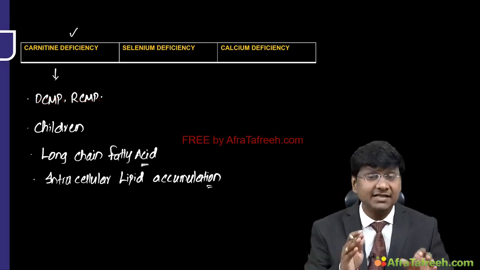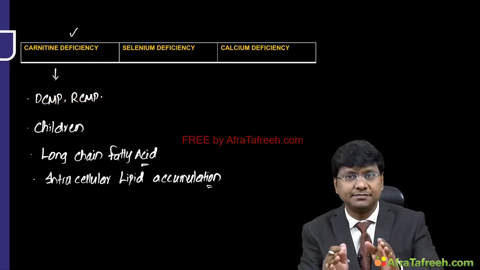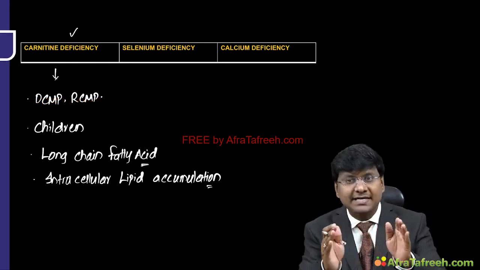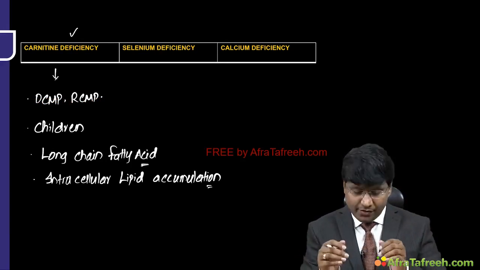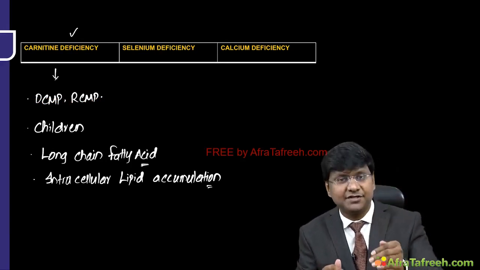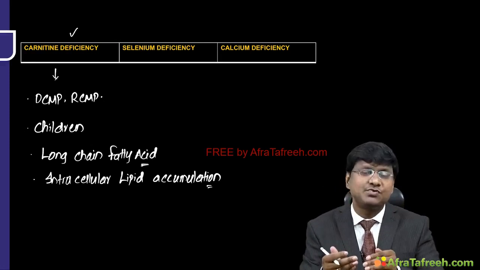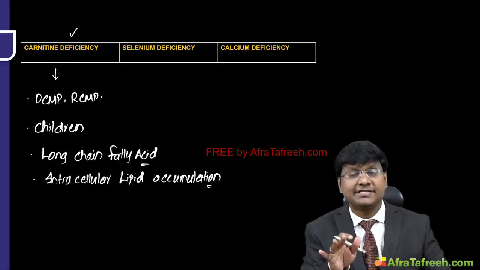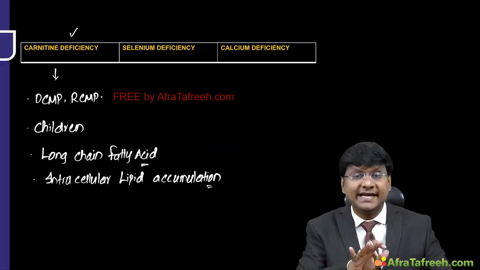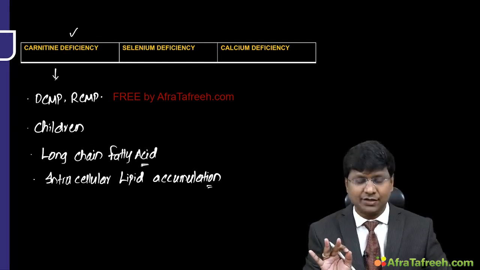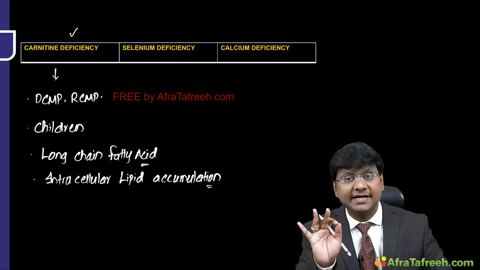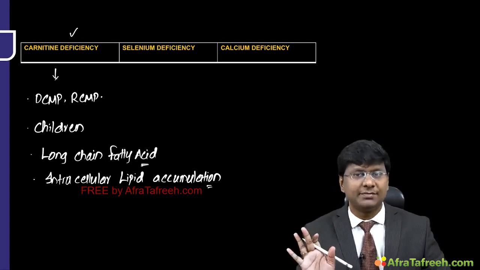So basically, fatty acid oxidation requires multiple steps with specific enzymes. Once there is a carnitine deficiency, the enzymes required for fatty acid oxidation get defective, and thereby there is impairment of fatty acid oxidation resulting in intracellular lipid accumulation.